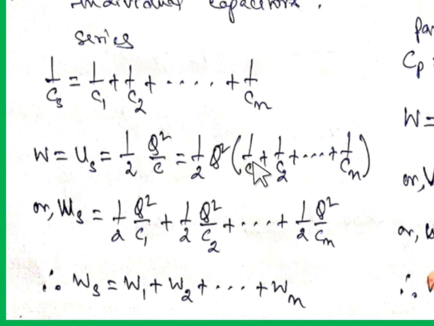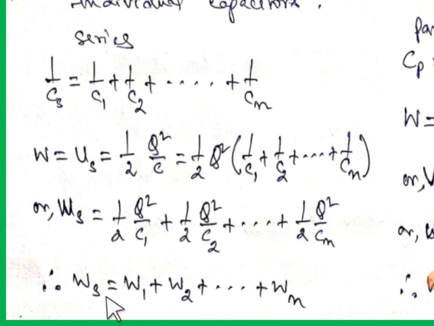If you open the bracket, you will have the potential energy stored for the first capacitor, second capacitor, so on up to the nth capacitor. These are nothing but W1, the work done in charging capacitor C1 with charge Q, and the work done in charging capacitor C2 with the charge Q, and so on.